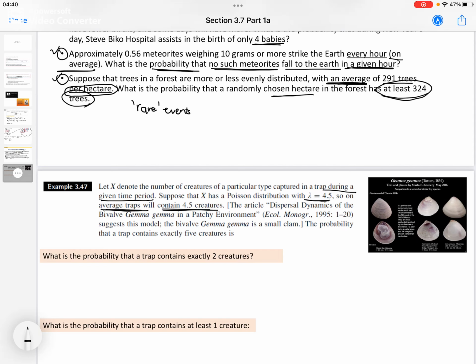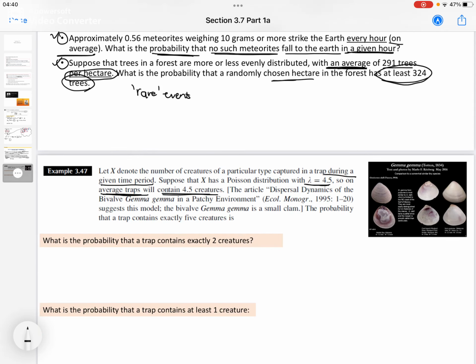Right, so now we need to calculate the following probabilities. So what is the probability that a trap will contain exactly 2 creatures? We're told here that a random variable X follows a Poisson distribution with parameter lambda equal to 4.5. So I will write it as X, then that wave, meaning distributed as or follows, the Poisson distribution with parameter 4.5.